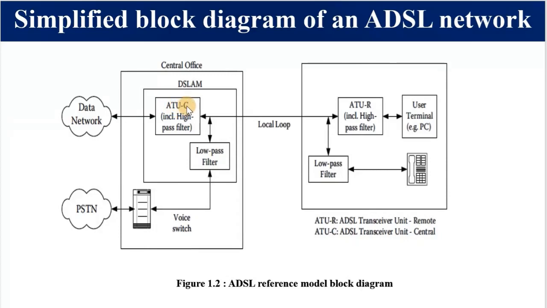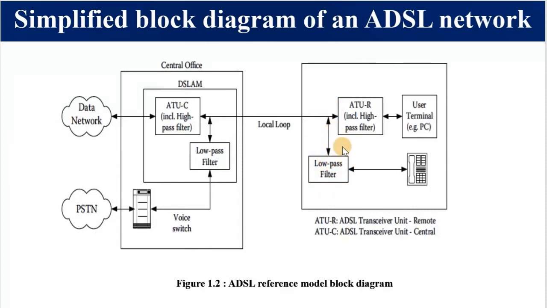So we are saying the exchange is central to all other lines that service our customers. And please take note that we have got two filters. These are responsible for separating voice from data or from our ADSL signal.